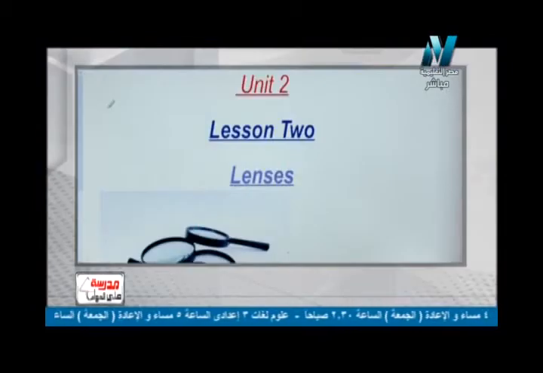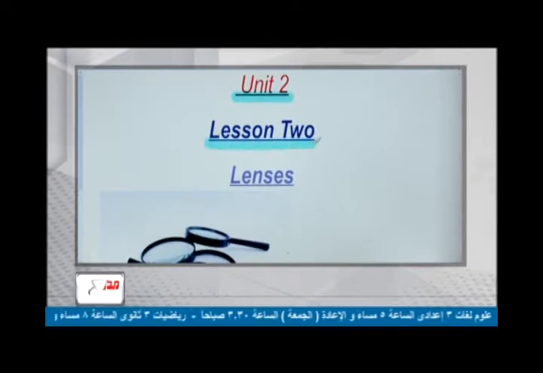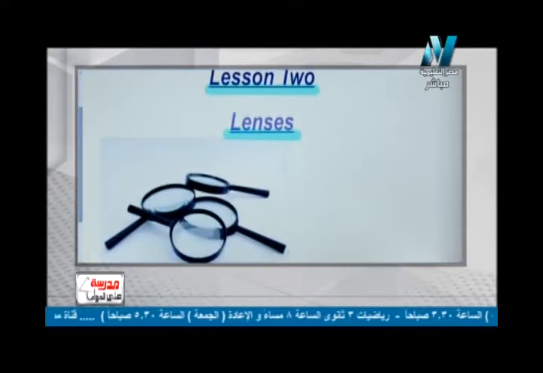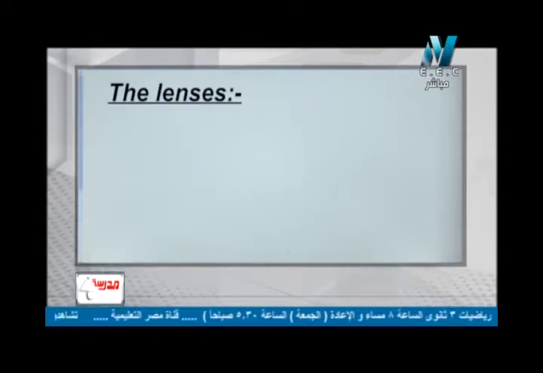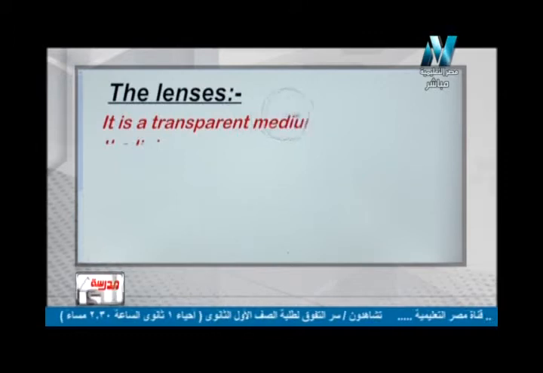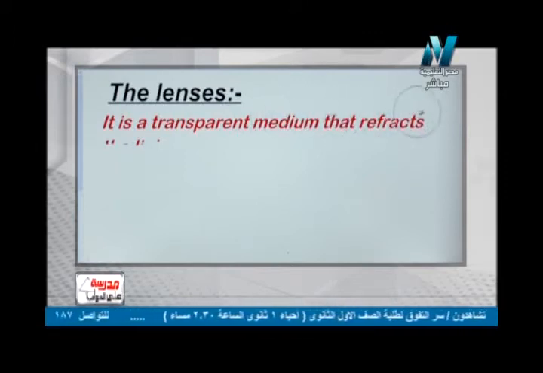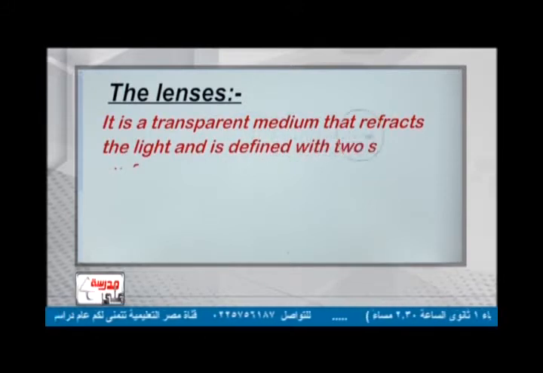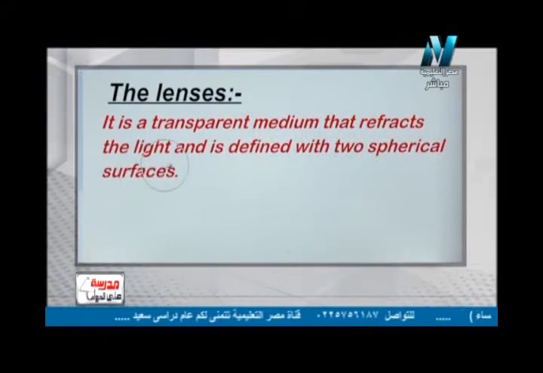We have here Unit 2, Lesson 2, lenses. We have to know what is meant by lenses. It is a transparent medium that refracts the light and is defined with 2 spherical faces.